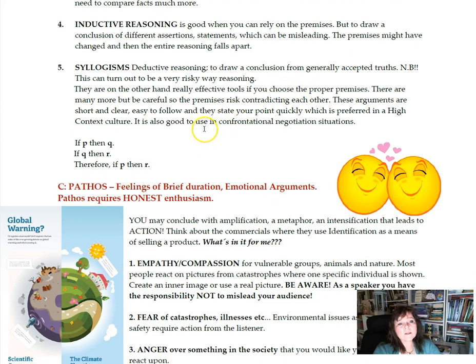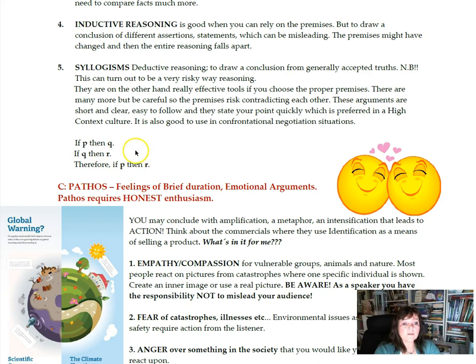You have syllogisms, deductive reasonings. That means that you draw a conclusion from generally accepted truth. This can be a very risky way, so be very, very careful if you do this. They are effective if you have the proper premises. There are so many more, so be careful that they don't contradict one another.